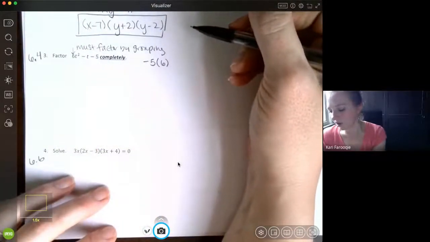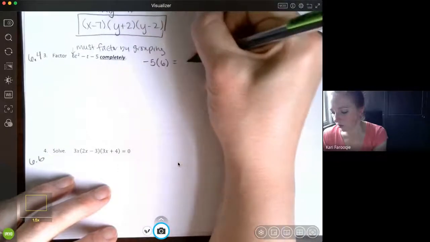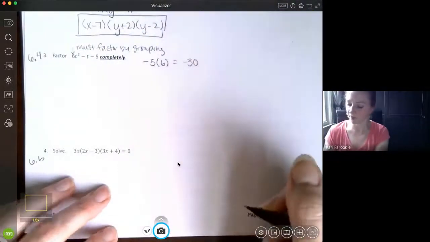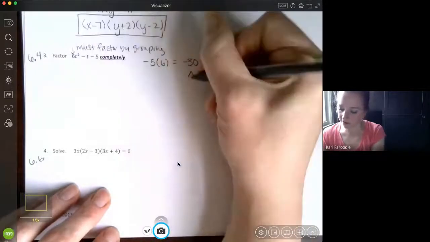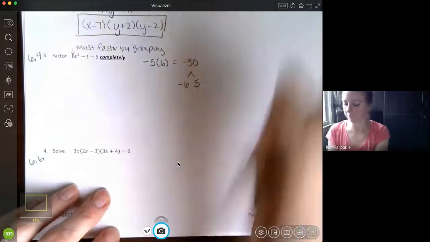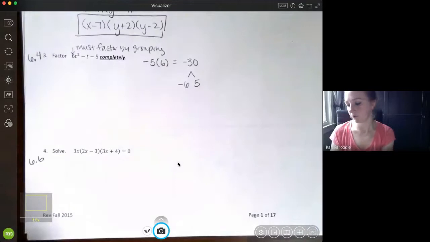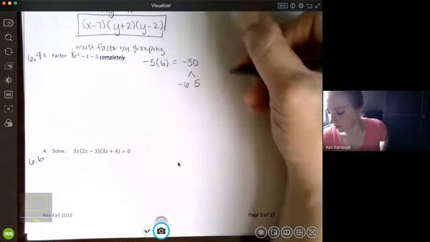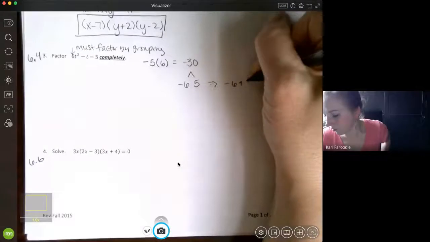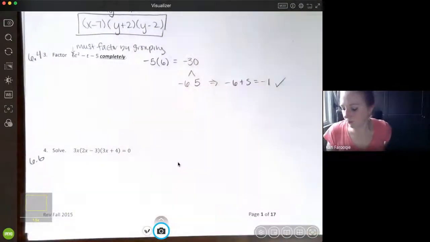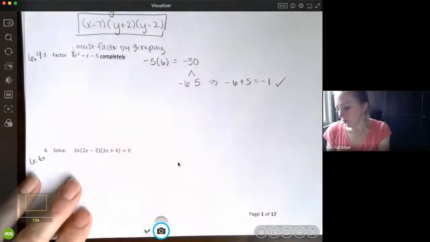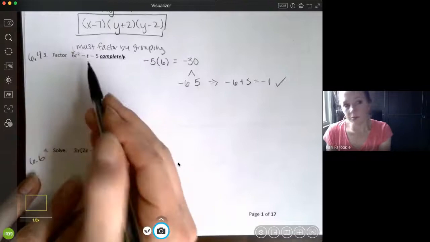So 6 times negative 5 is negative 30. And the 2 numbers that multiply to negative 30 and add to negative 1 are negative 6 and positive 5. Negative 6 plus 5 equals negative 1. Check. These 2 values are the ones that you're going to use to split up your middle term.